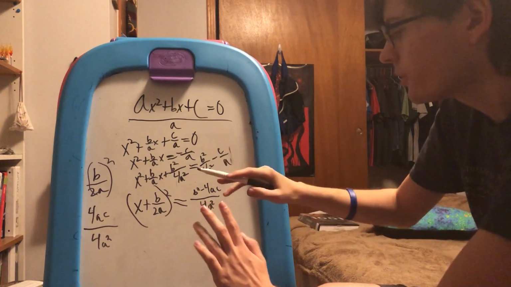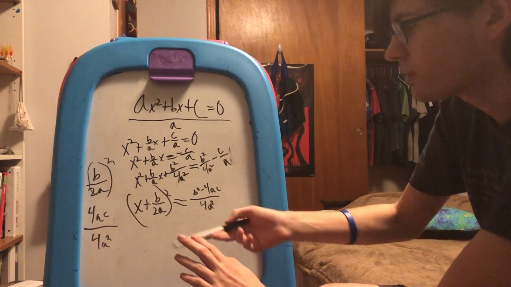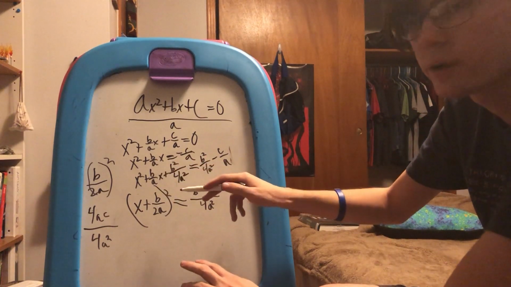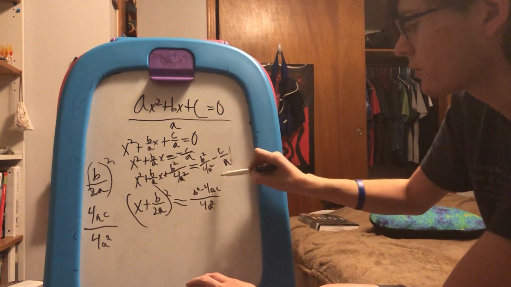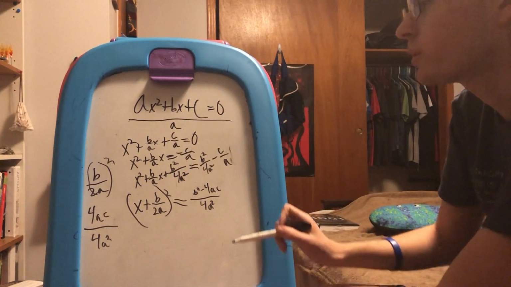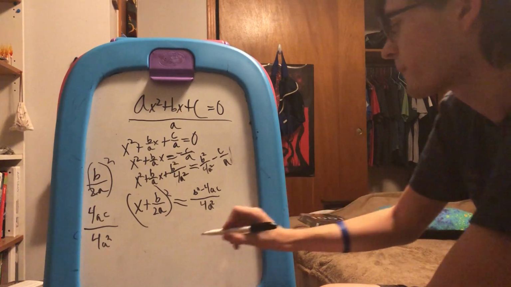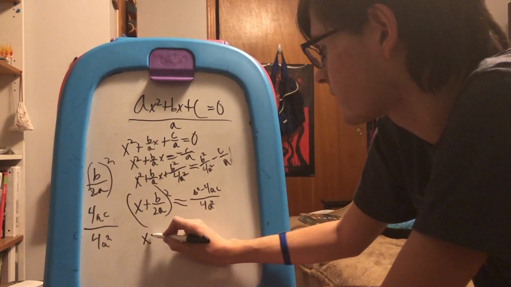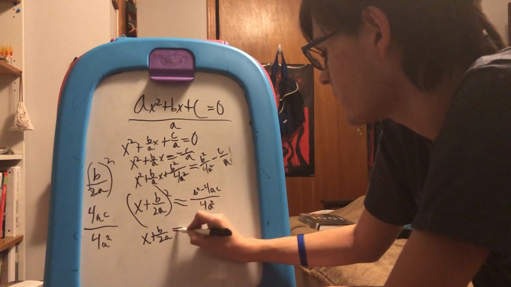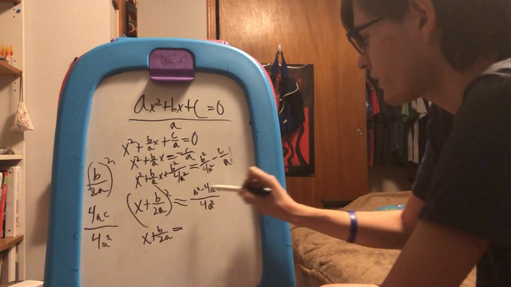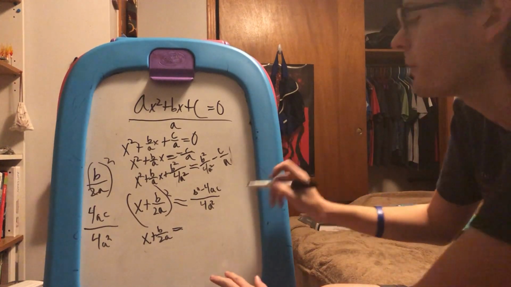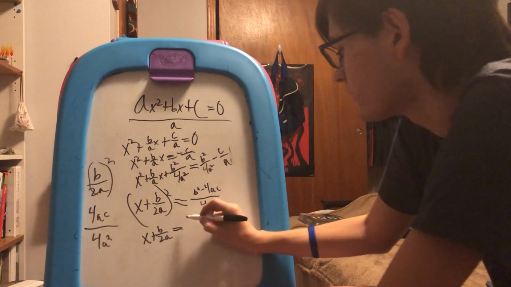But anyways, now we have to get rid of that square. So we square root both sides, which cancels out with the square on this side, and square rooting a fraction is similar to taking it to an exponent. You do both of them individually. So that leaves us with x plus b over 2a equals. We can't take anything out of that with the square root. It's all one term that you can't separate.